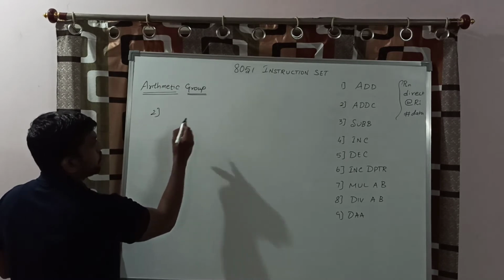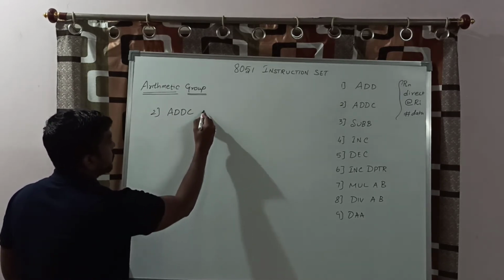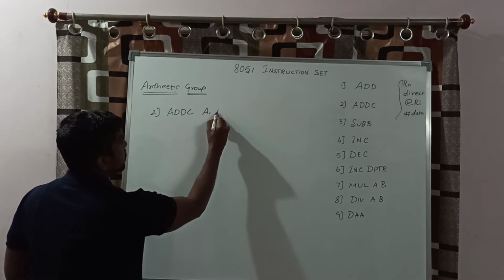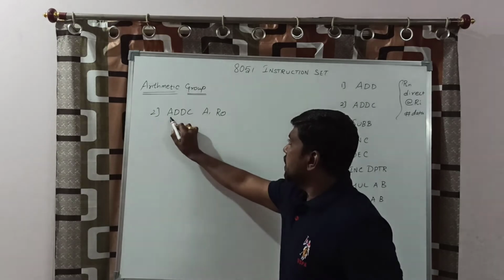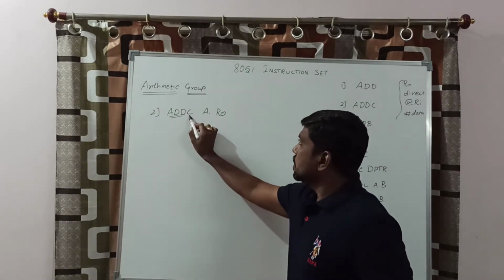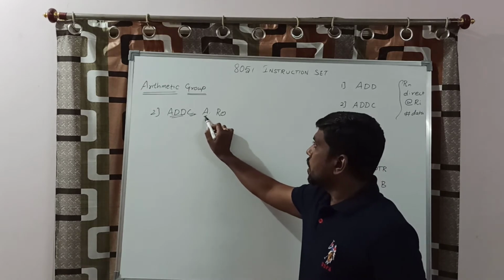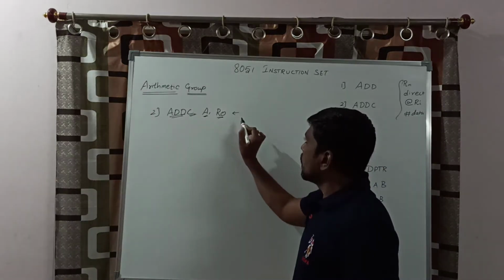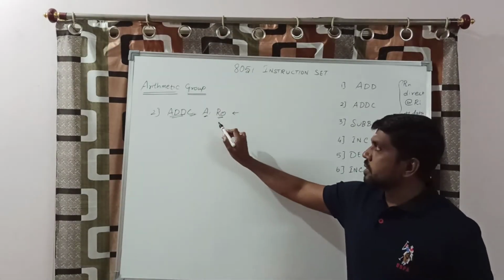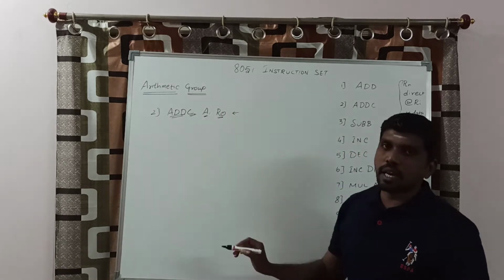The second type of instruction is ADDC A, R0. In this instruction, ADD represents the addition function, and C represents the carry value. Accumulator, then R0 register. Here you are adding three contents: the R0 register content plus accumulator content plus carry value.